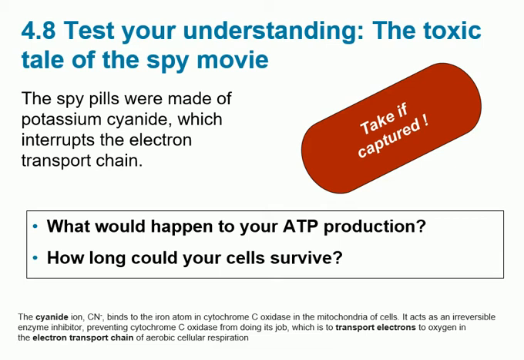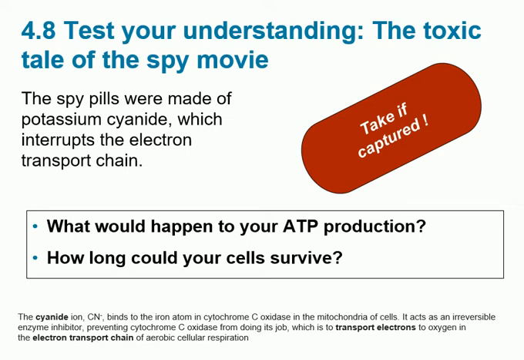What's the cytochrome C oxidase? It's one of the enzymes that's working in the electron transport chain, and the problem is this is irreversible. That's why, if a spy takes that pill and you try to save them, you cannot, because cyanide is irreversible. Once it attaches to that enzyme, it's completely stopped, and you cannot do anything about it.